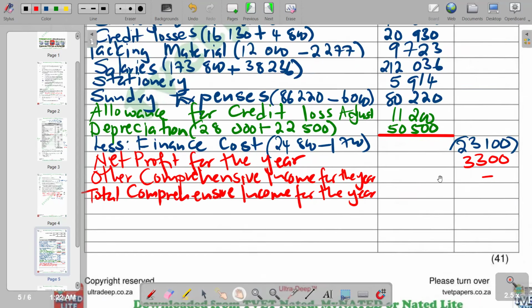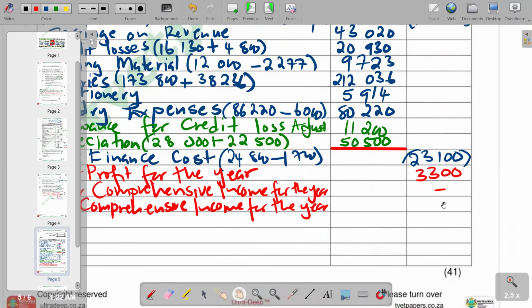So we do that 3,300, and then we have nothing there, so it remains the same figure of 3,300. So this becomes our final figure.